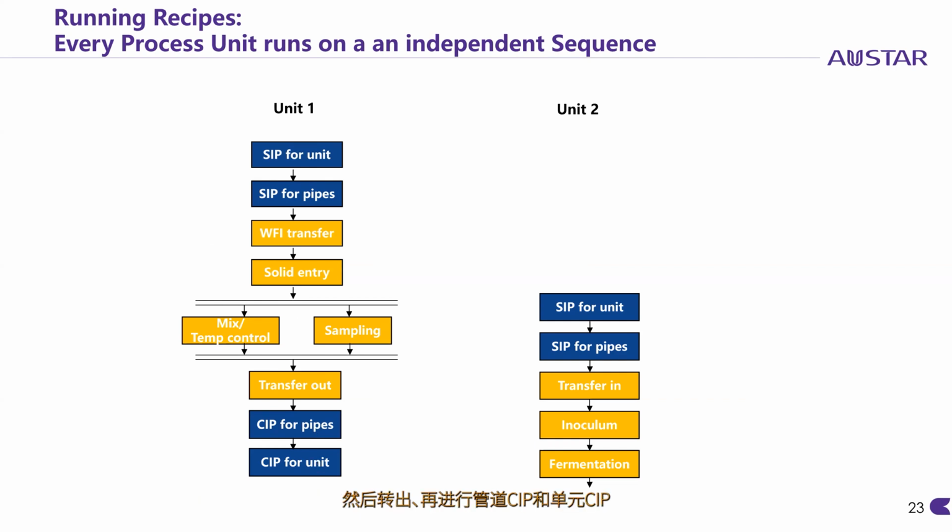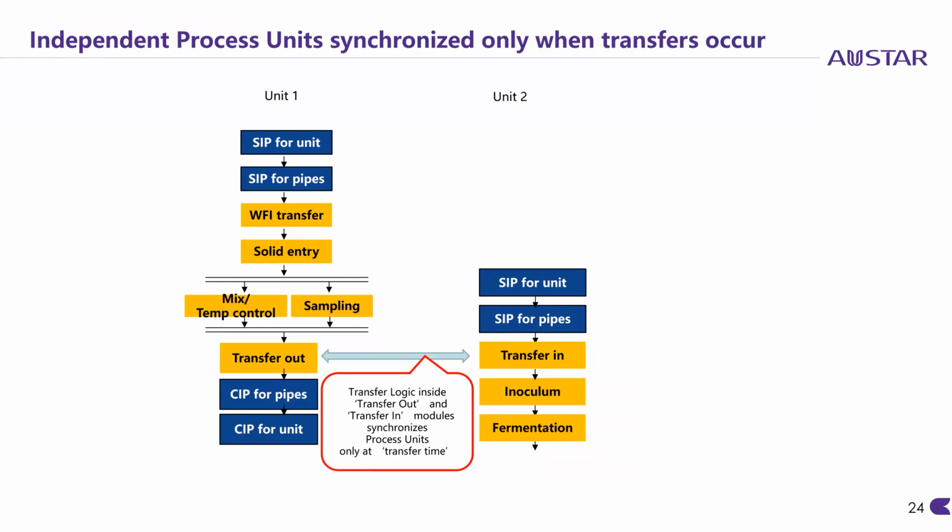So this operation runs also independently on unit 2. There are times in which we have to think about how we can coordinate them, because this is typically at the time of transfer.